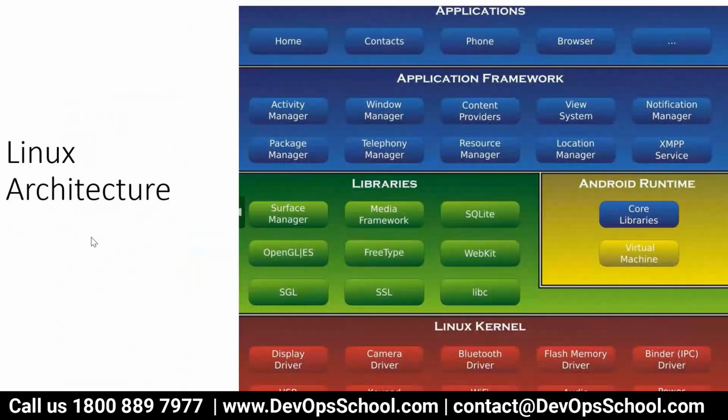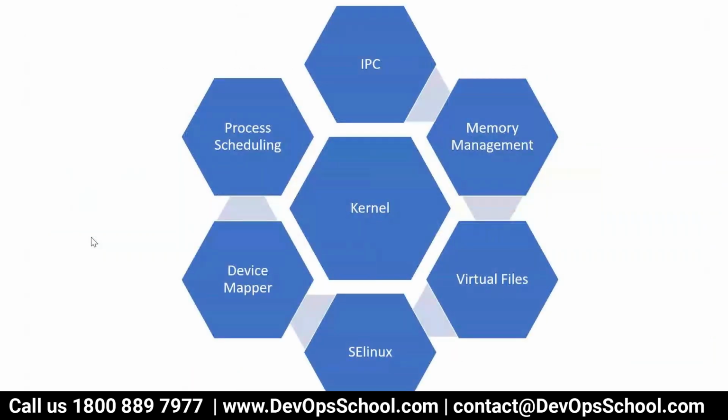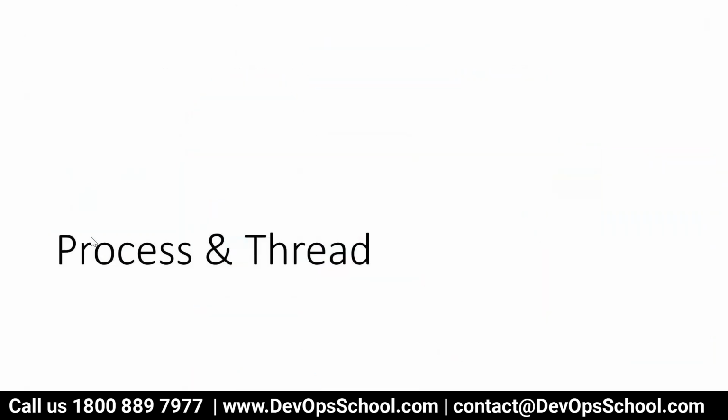I'm just ignoring some of the slides because it's too much. Next one is process and thread. System call is managing lots of things, and one of the things it manages is process management. So we need to understand what a process is and what a thread is. That is the most important one.